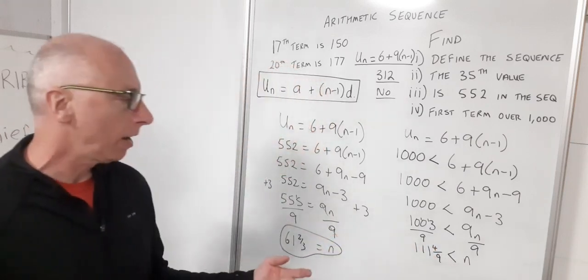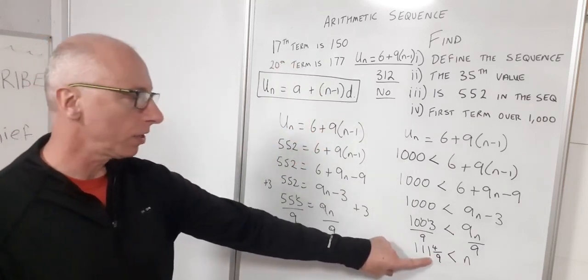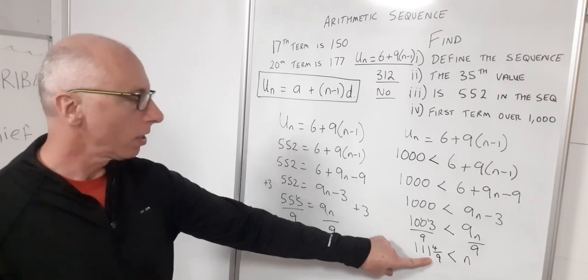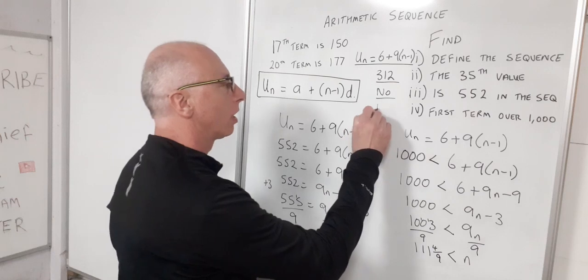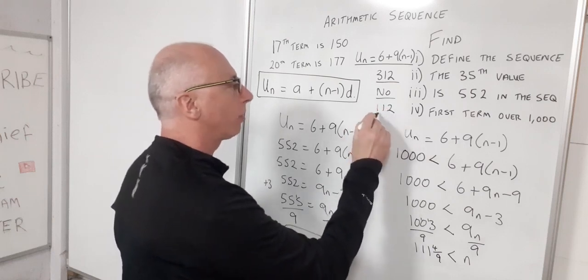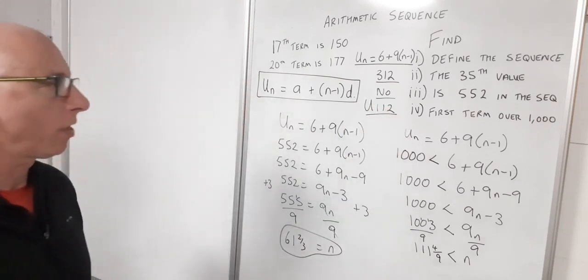Okay, so as this is 111 and 4/9, obviously 111 and 4/9 is not in a sequence, so therefore 112 will be the first term over 1000.